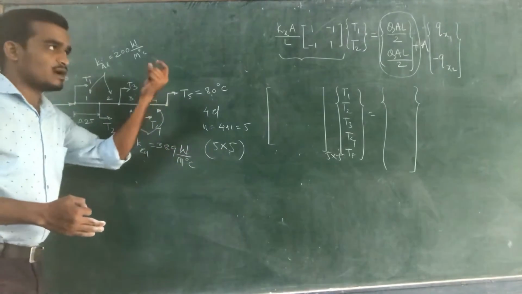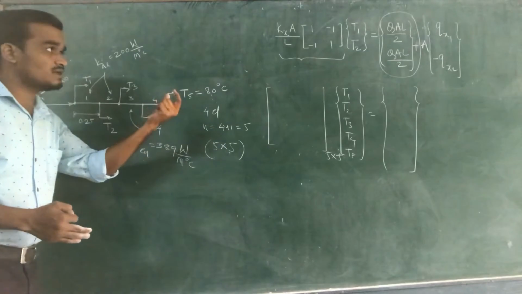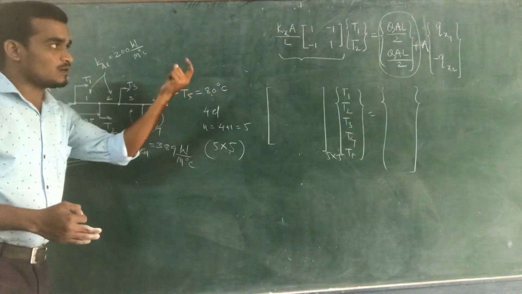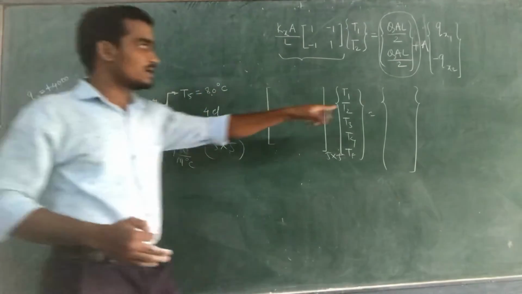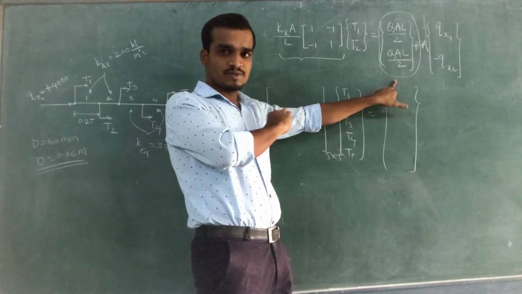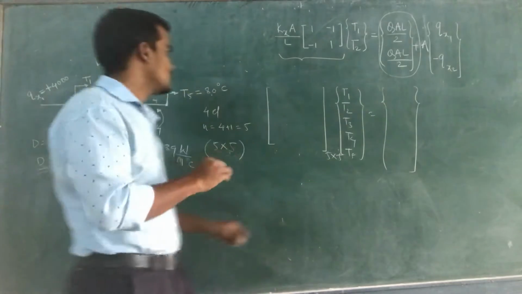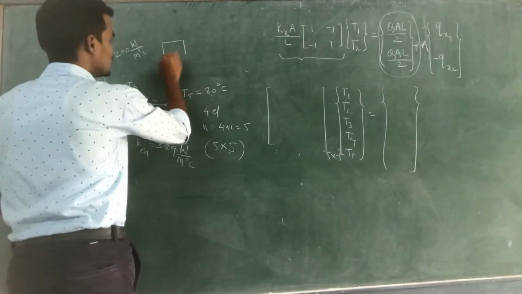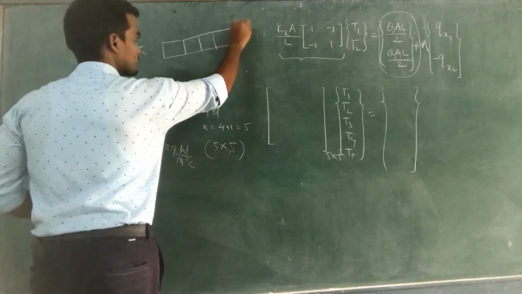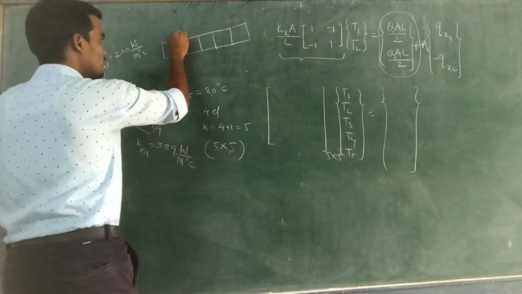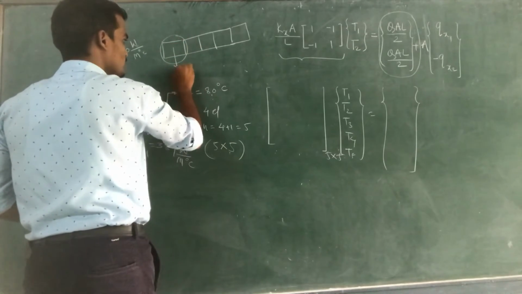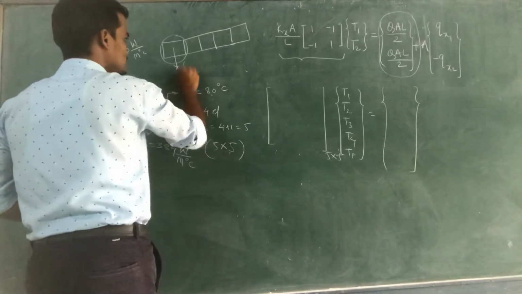I will just explain how to determine this load vector, similar to the load vector in your spring or bar system. For each element we first find out the load vector for the first element, and you will get 2 values.